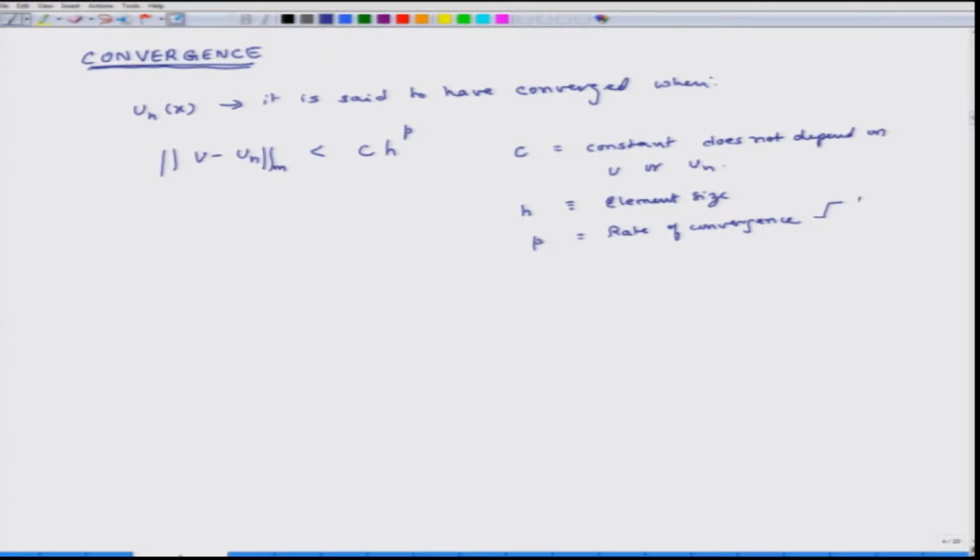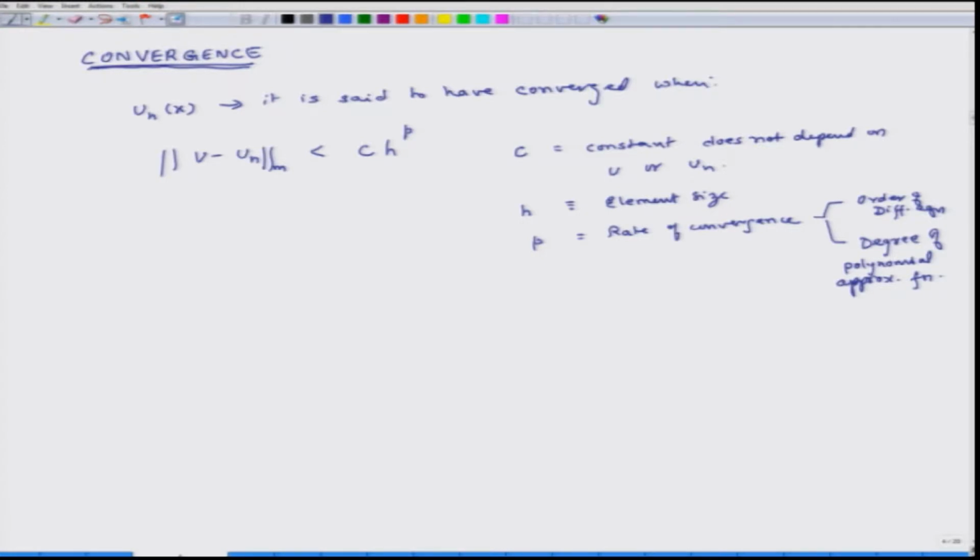It depends on the order of the differential equation, and it also depends on the degree of polynomial approximation function.